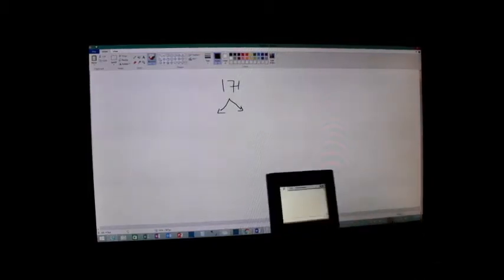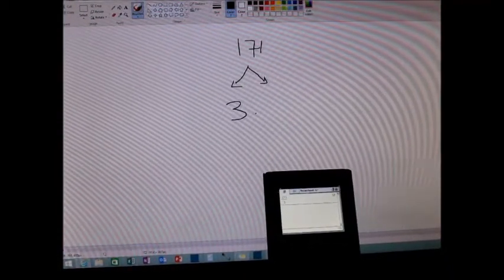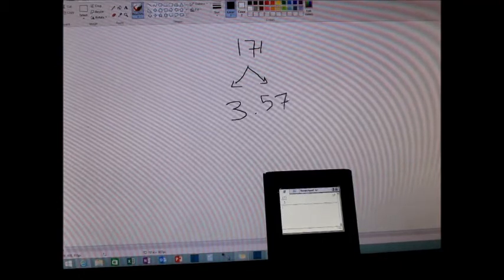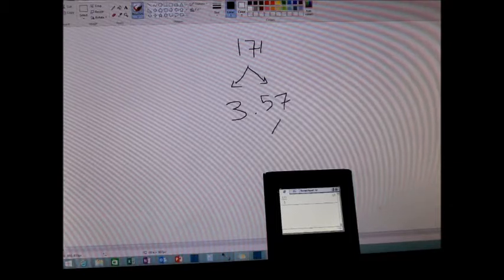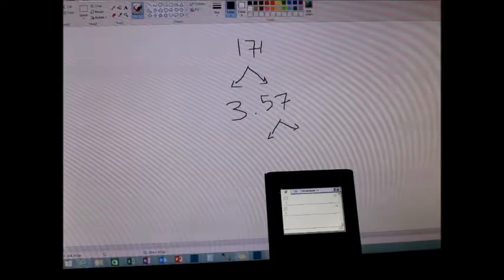We know the number is 171. What two numbers can be multiplied together to equal 171? 171 divided by 3 equals 57. So 3 times 57 equals 171. What two numbers can be multiplied together to equal 57? 57 divided by 3 equals 19.